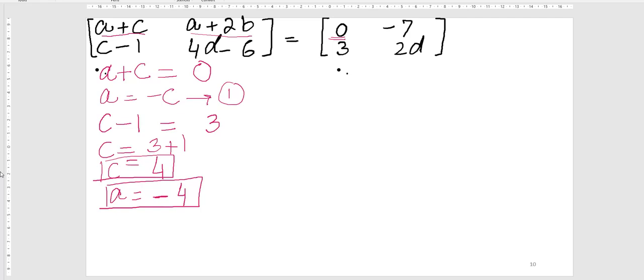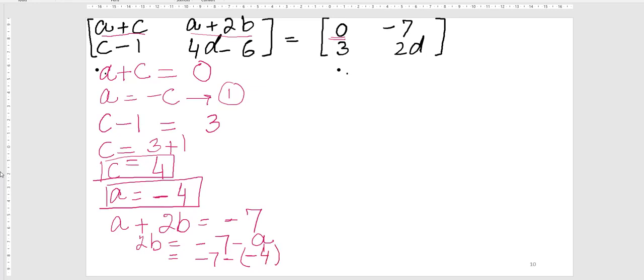Now come to the A plus 2B, and the corresponding entry is minus 7. Right? So 2B is equal to minus 7, and we will take this A on the other side, it will be minus A then. And you know the value of A, which is minus 4. Minus is already here, and the value of A is minus 4.